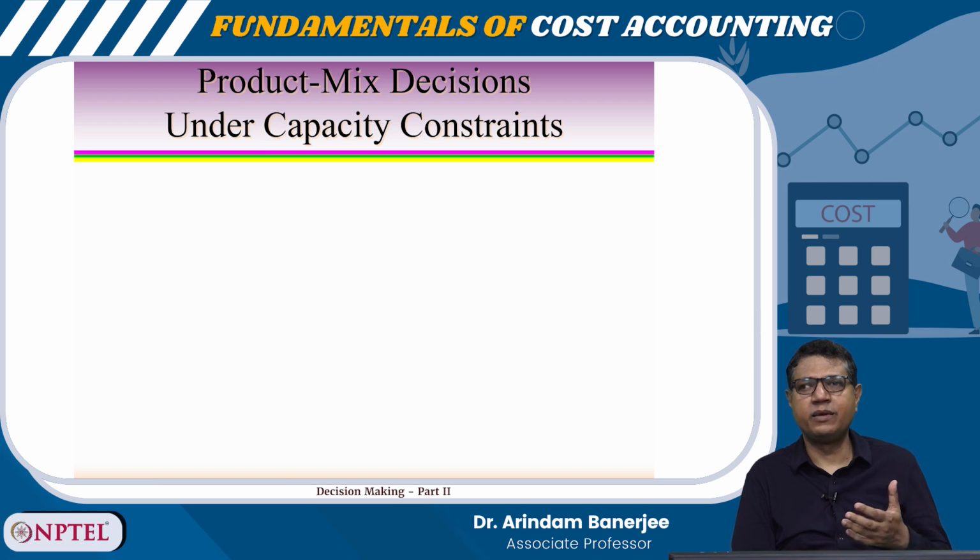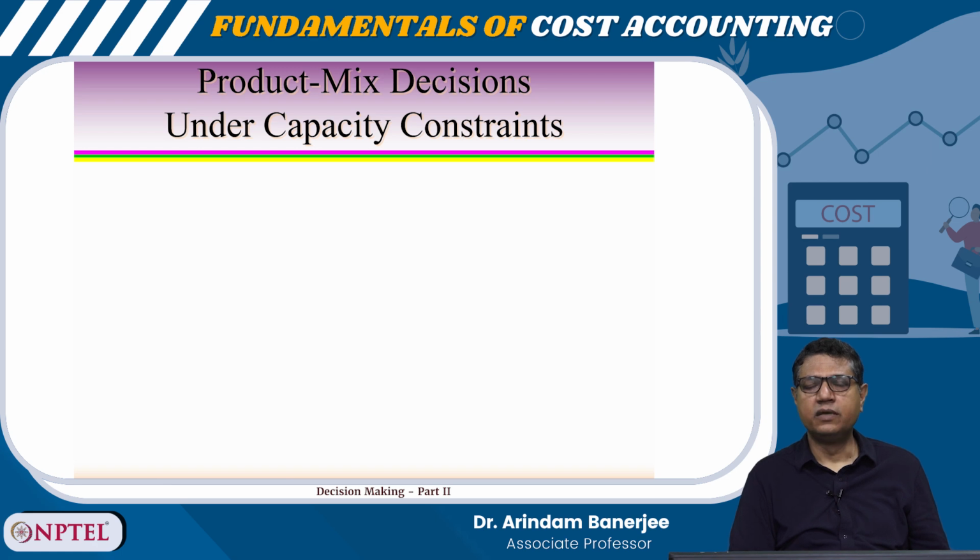I am running a factory, but I may not have supply of raw material as I wish. I may not have unlimited demand for my products. These are also called limiting factors or key factors. So if there is a constraint, a limiting factor, then I need to decide the product mix on the basis of the contribution per unit of key factor each product is making.